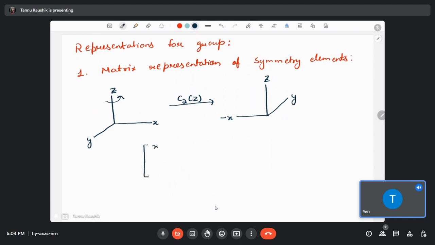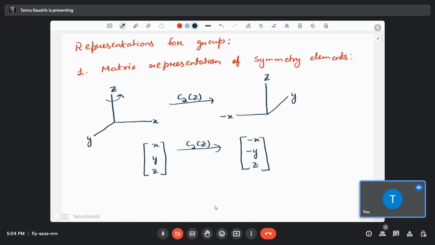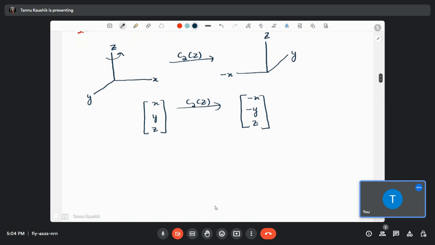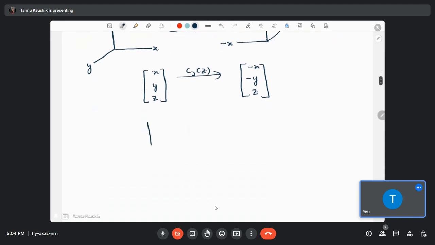So if I say the matrix representation for this xyz system undergoes a C2(z) operation, the changes we have observed are x changes to minus x, y changes to minus y, and z remains same. So this is how we will be finding out the matrix representation of symmetry elements. So let us see.